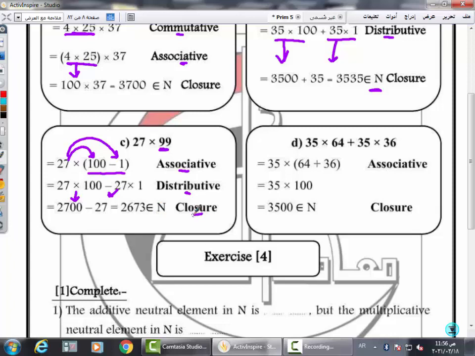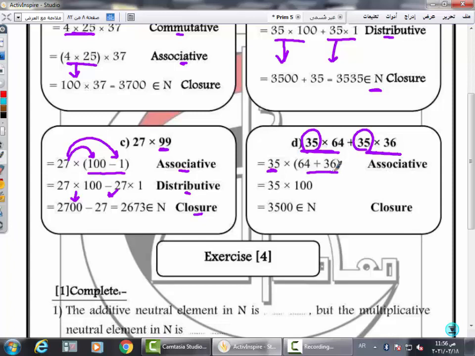The last one, number D, 35 by 64 plus 35 by 36. We look at the first part and second part, and between them plus, we find we have 35 here and 35 here. We can take the 35 outside and open brackets, then put 64 plus 36.